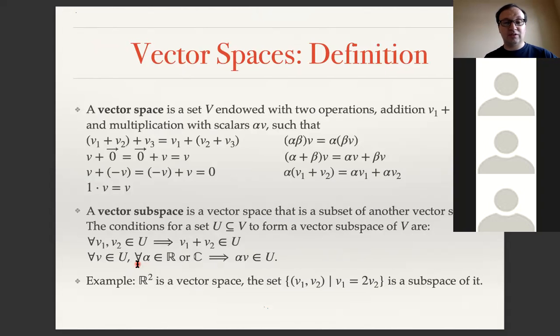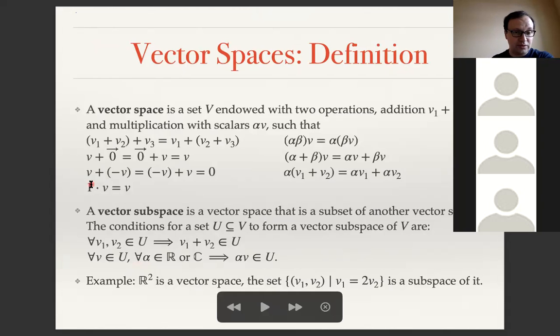Very briefly, I wanted to present the definition of a vector space. It's a set with two operations. One is an internal operation, namely we can add vectors together. The other one is an external operation: we can multiply vectors by scalars. So vector addition is associative.